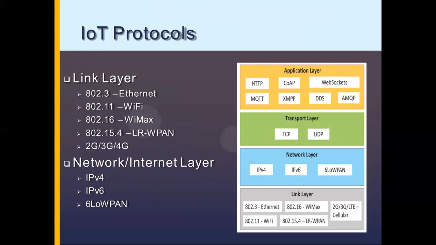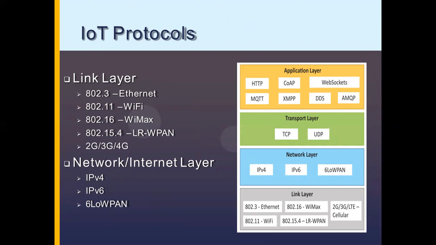IoT protocol. As we know, according to the TCP/IP protocol and ISO model, we have certain layers, right? The first layer is the data link layer, the next is the network layer, the transport layer, and the application layer.